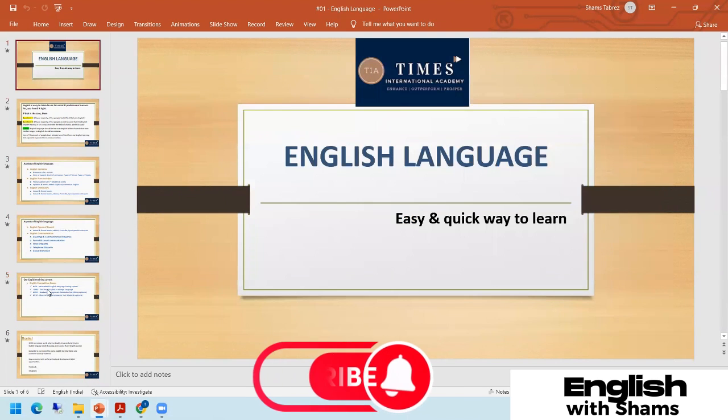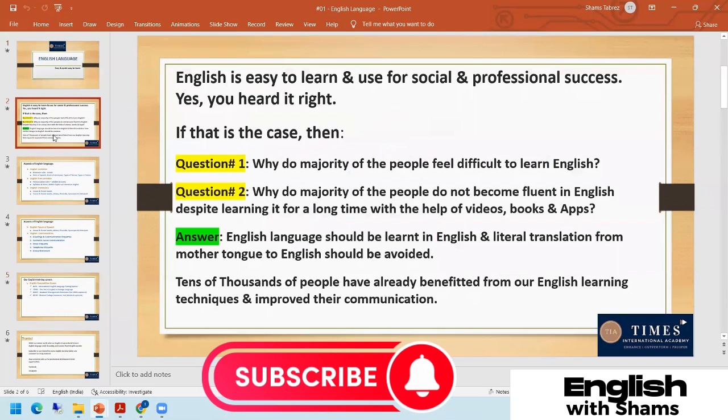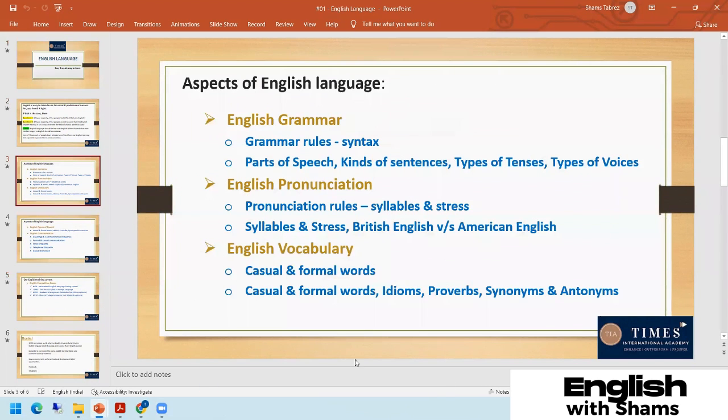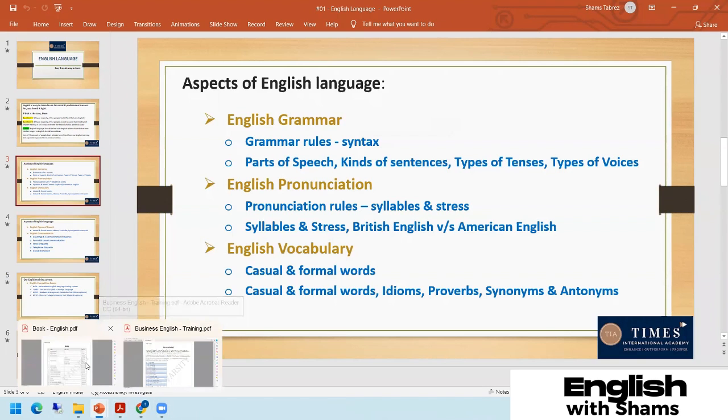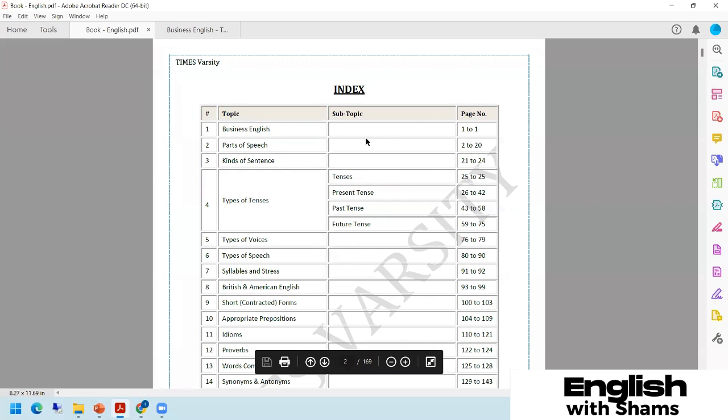After every live session, you will receive the recordings of the session so that later on you can refer to them. And of course, at the start itself, you will receive the books. So make sure you regularly attend these training sessions, refer to the book, and interact in the session.